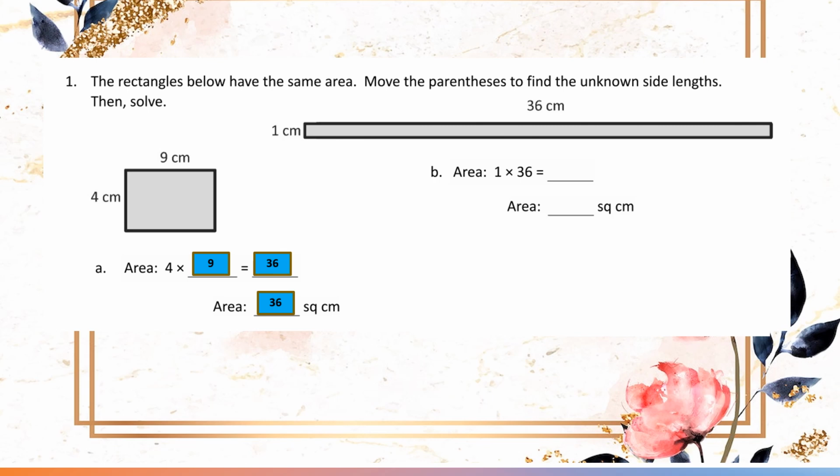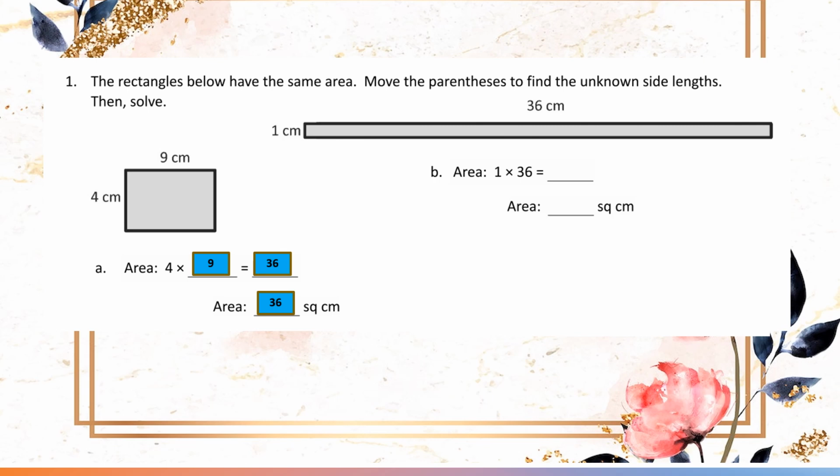Letter B, we have a really stretched out rectangle here. The length is only 1 centimeter and the width is 36 centimeters. So you have a really long rectangle. If you look at the equation for area in B, it's already written out: area equals 1 times 36. Remember, anything times 1 is that number.